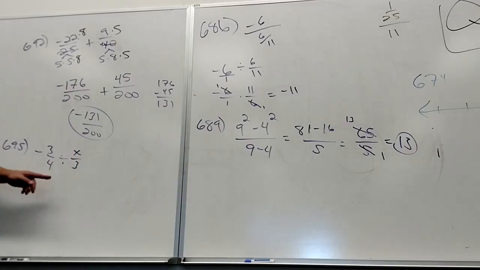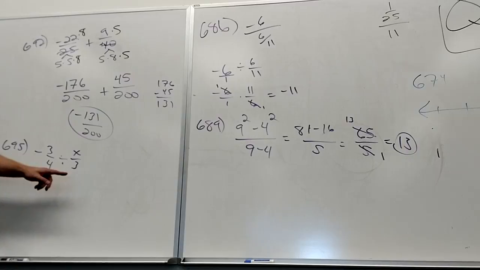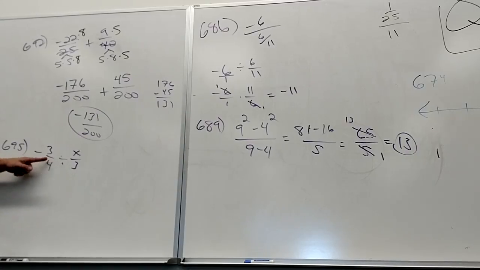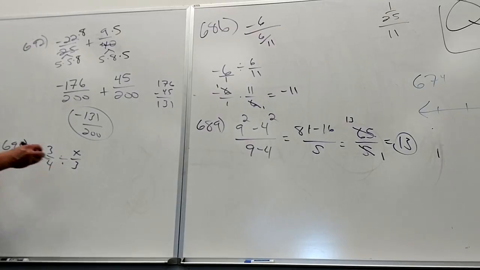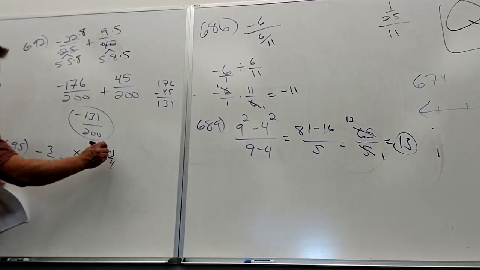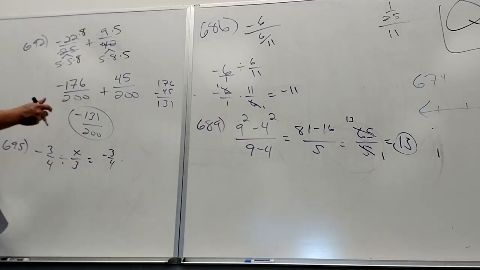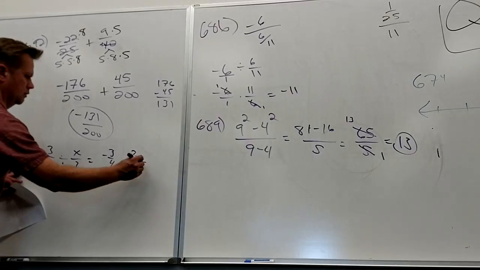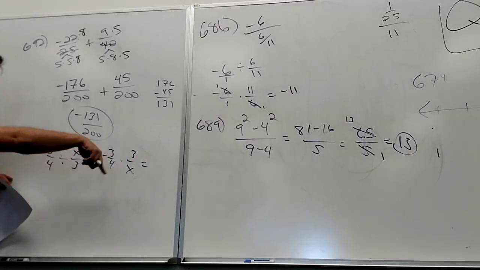Hopefully you guys see this for the easy problem it is. The mistake some people will make is they'll kill the 3's right off the bat. But is division the opposite of division? No. Doesn't make any sense. Before I start killing things, I have to make it into a multiplication problem, right? So this becomes negative 3/4 times 3 over x. Does anything cancel?